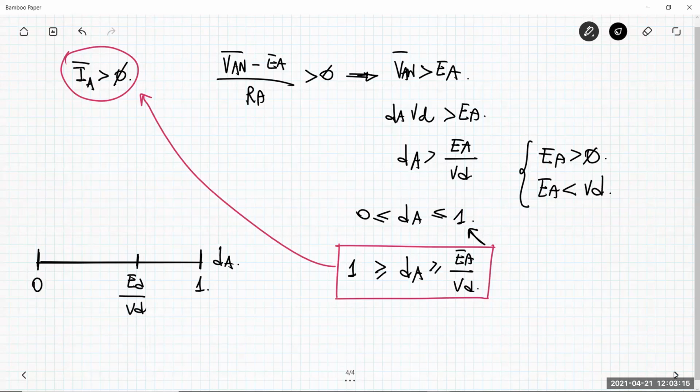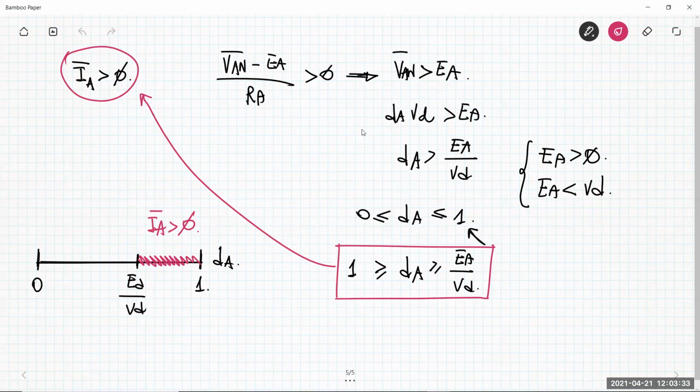If the duty cycle is in this range here, then I have a current that flows exiting from the node A, and so in this sense, this is the positive current.